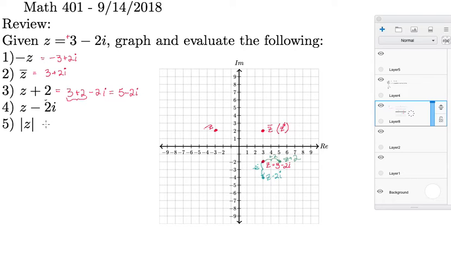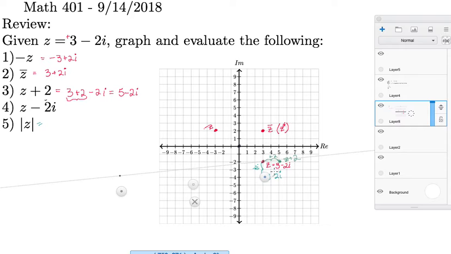Last but not least, we're going to evaluate the magnitude of Z, or the distance from Z to the origin. We do that by taking the absolute value of Z. Where is Z? Z is here. We want to know the distance from the origin to Z, and we can define that as a straight line.